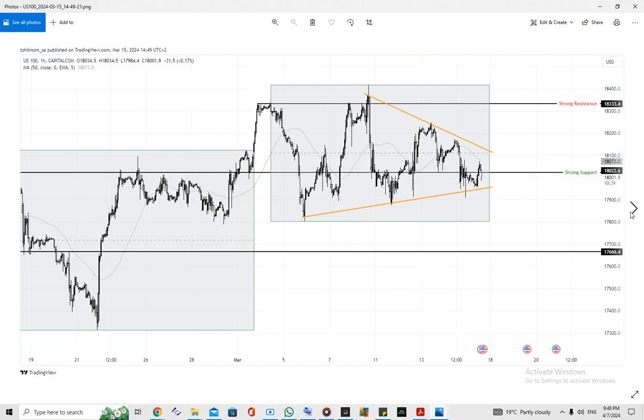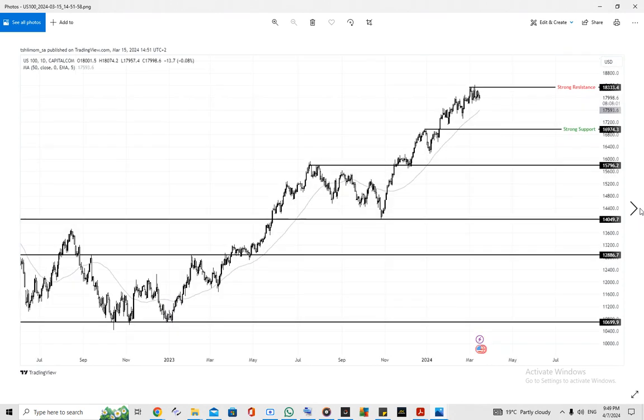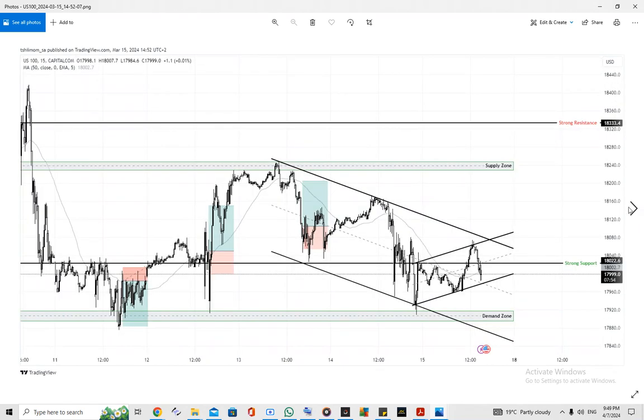You just have to observe the fact that it went from expansion to contraction. So price is contracting. Usually that would mean that a big move is coming. So this is the 4 hour, and then back to the 15 minute.